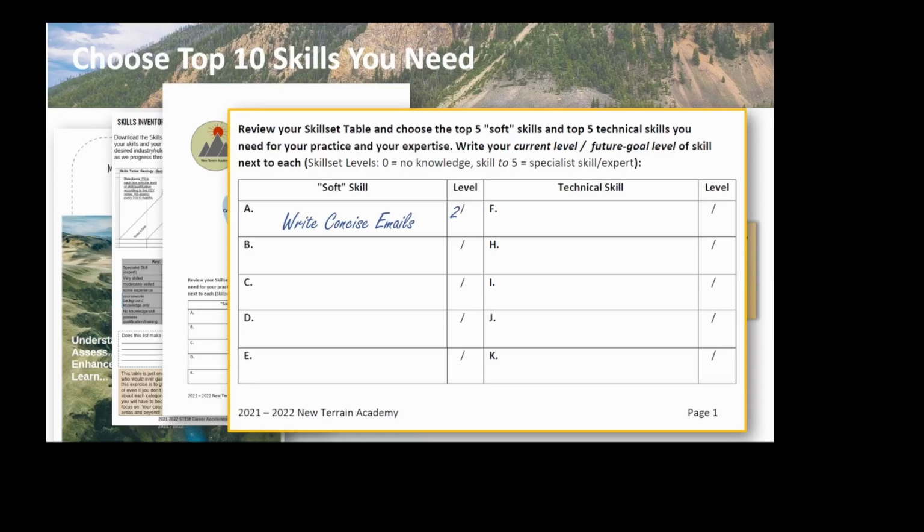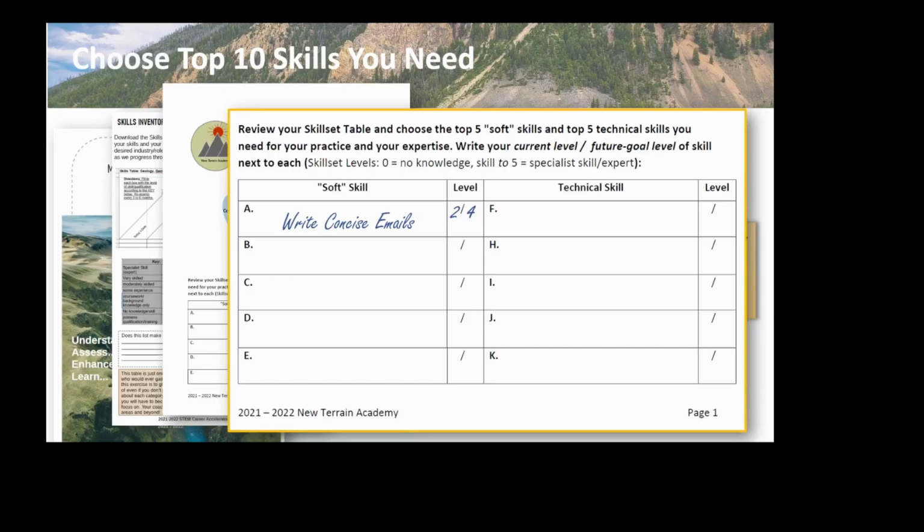And of course, we all have some experience in writing emails, but have you really been focused on writing concise emails, bulleted emails, emails that convey the message, organizing your emails in a certain way? Have you been really focused on that? And let's say that you have some experience with writing concise emails, but you really want to become very skilled, a 4 level at writing concise emails. Okay. So you've done the basic part of the soft skill.